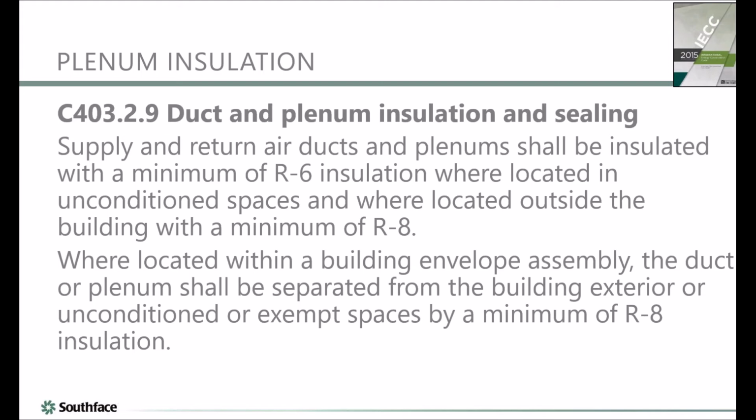Now, we would always recommend a supply duct be insulated to prevent condensation or sweating on it. But if you're using the building as a duct, the minimum R value has to be R8.